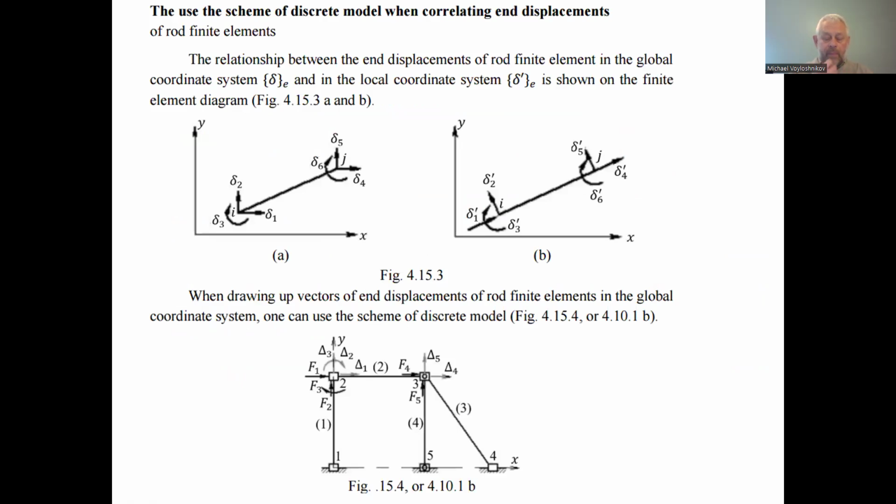So what is the difference between the global and local coordinate systems? Let me please remind. The global coordinate system has two axes, abscissa and ordinate, and it is associated with the total mechanical system, the total statically definable frame. We have the components of the efforts applied to the beginning and to the end of each road finite element: one component in the global coordinate system parallel to the abscissa axis, another parallel to the ordinate axis.